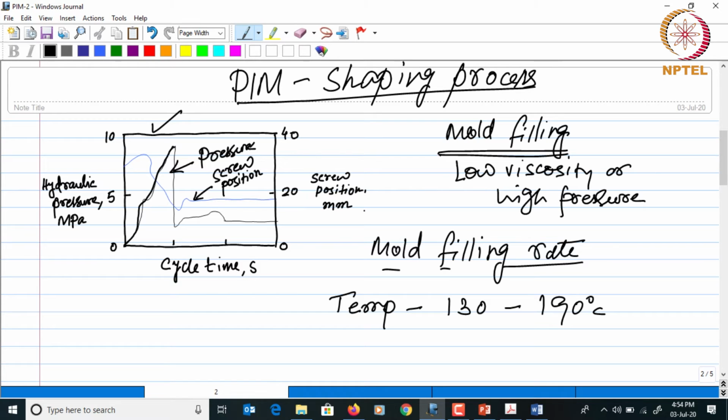And the actual molding pressure that has to be applied is dependent on the die geometry, binder, and the powder characteristics.